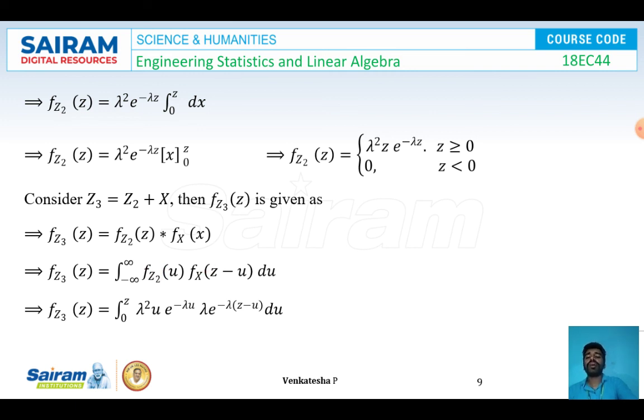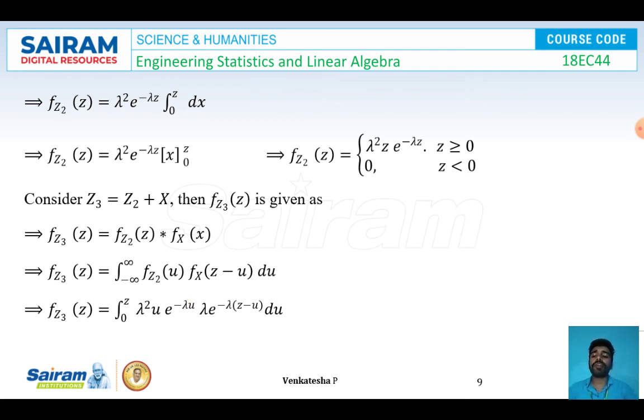Replacing this as lambda square u e power minus lambda u from the previous expression, and replacing this as lambda e power minus lambda (z minus u), taking the constant lambda cube outside and adding the powers since the bases are same.